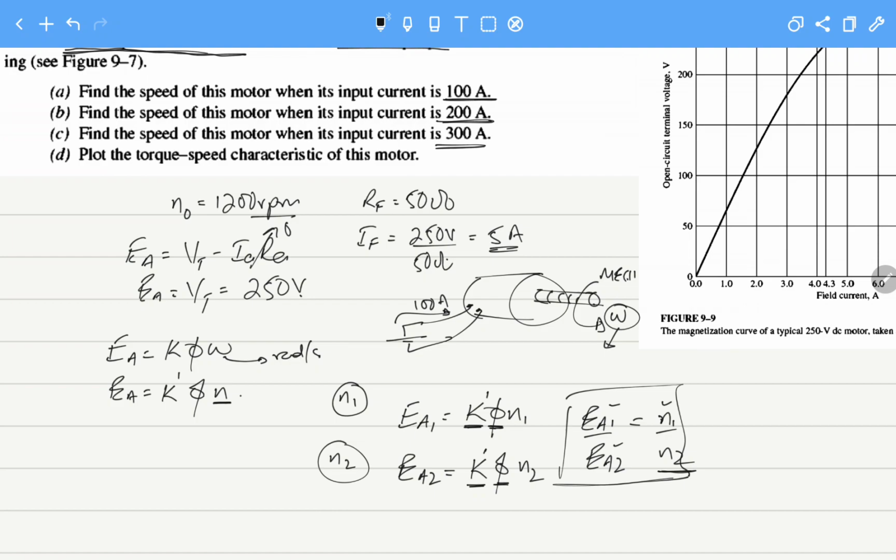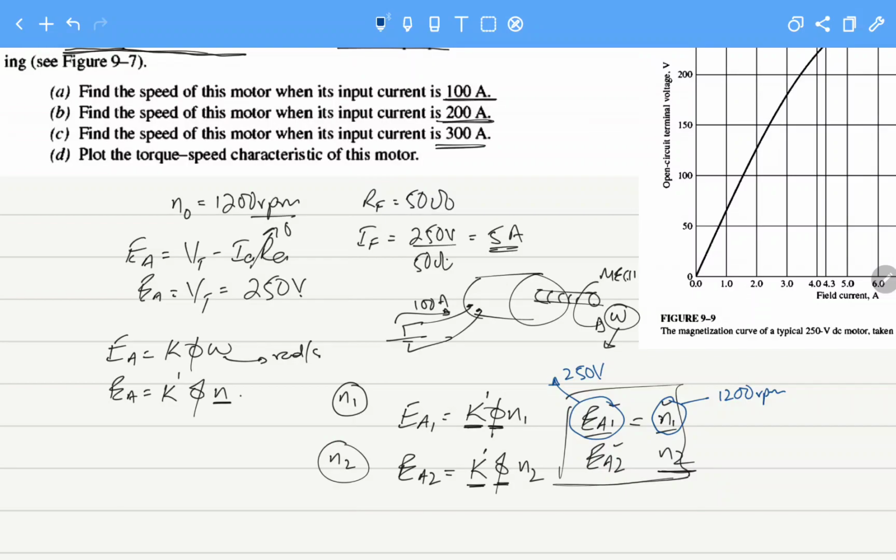So what is the question? The question is, at the rated speed, that is 1200 RPM, we know EA1 is 250 volts.